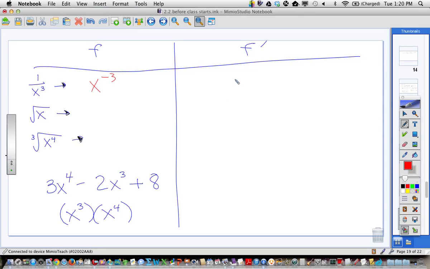So the derivative would be negative 3x to the negative 4th, right? Now, if we wanted to, we could then write that as negative 3 over x to the 4th, but usually rearranging stuff is not important to me as far as simplifying, unless you need it to go on later in the problem, then you might do it.